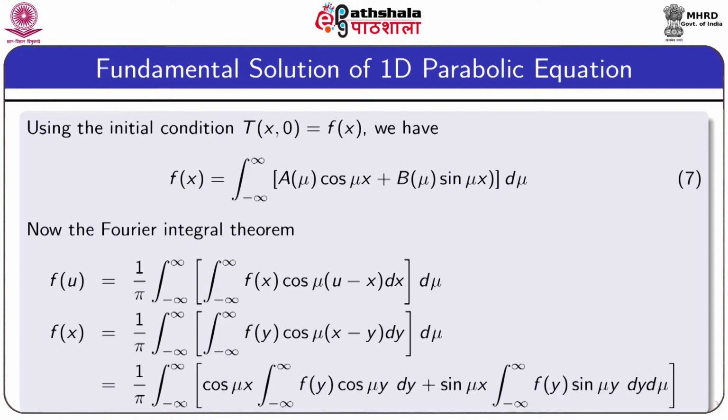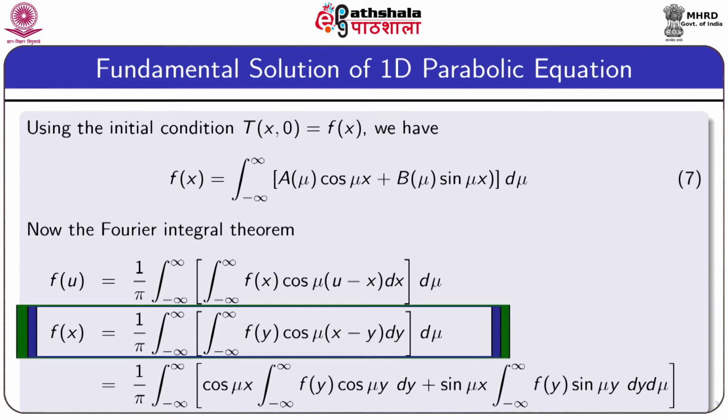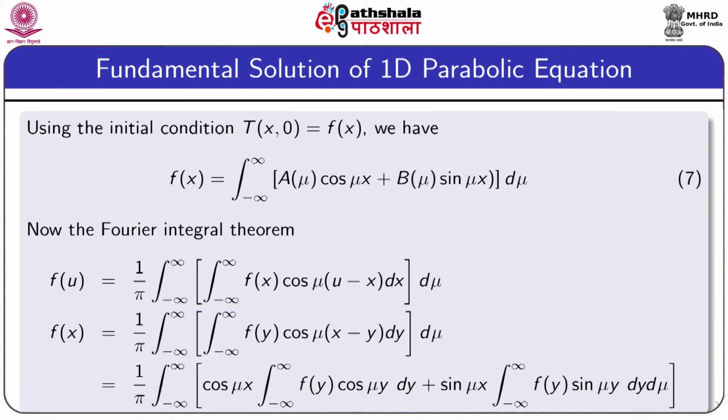Now, replacing u by x and x by y from the previous expression, we get f(x) equals 1 by pi integration 0 to infinity, minus infinity to plus infinity, f(y) cos mu (x minus y) dy d mu.